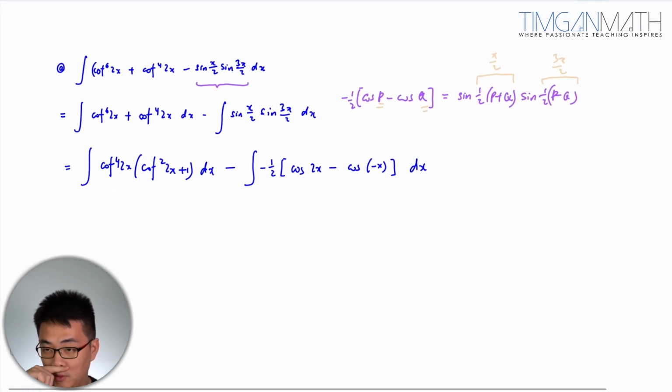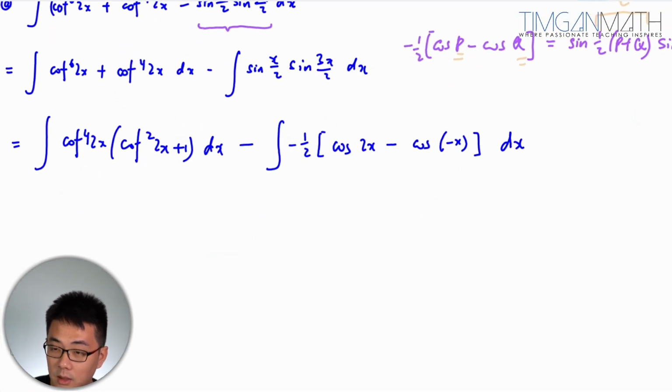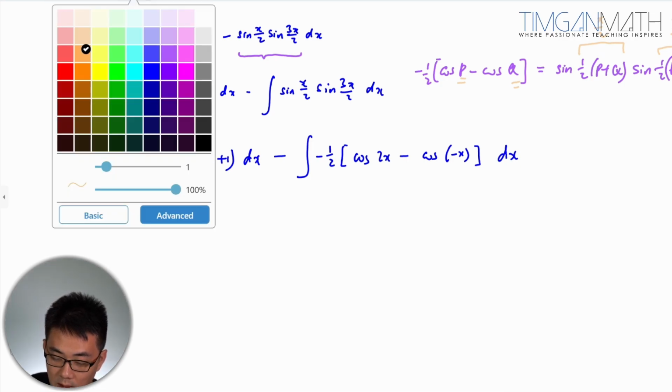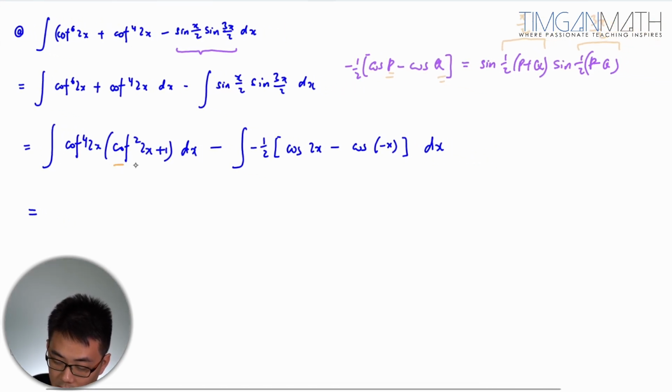Great. So once this is done, that's pretty okay. I'm going to factorize this out, and now cot square 2x is very important. You need to know that this expression is not given in MF26, but what you need to know is cosine square plus sine square x equals to 1, divided by sine square x.